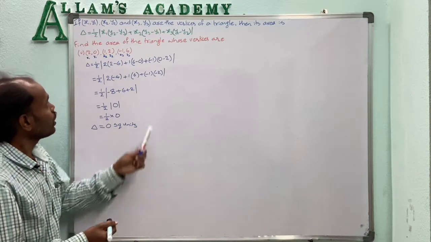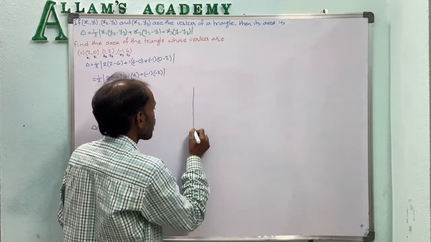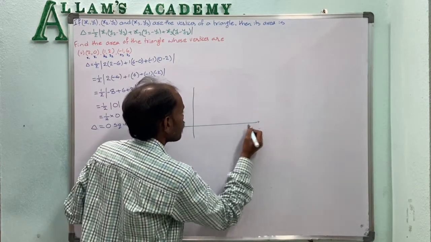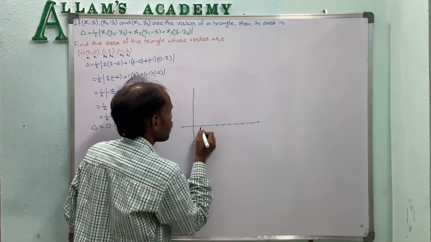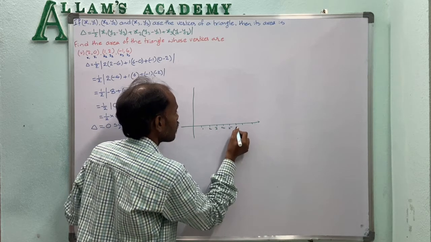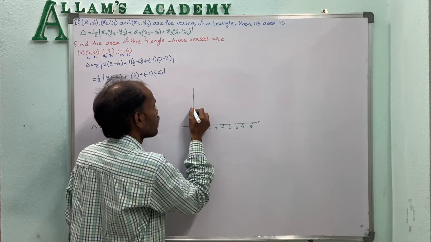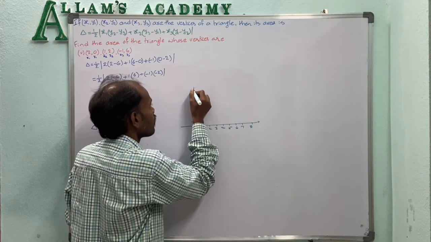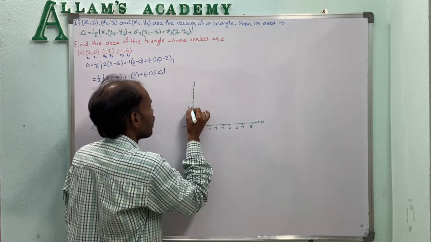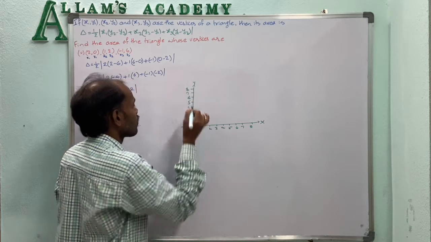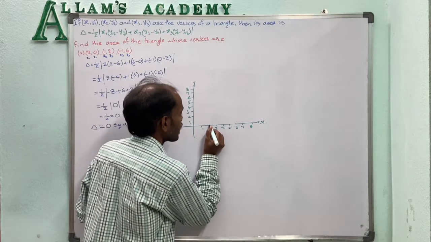Now if we locate the points on the coordinate plane and observe, the first point is 2 comma 0, that means it lies on the x axis.